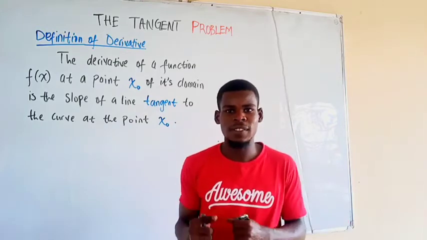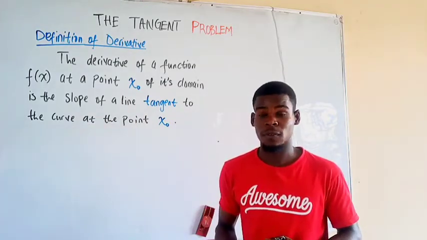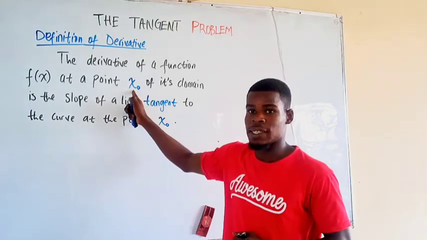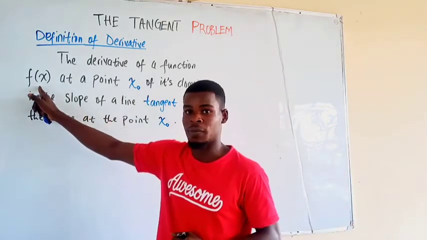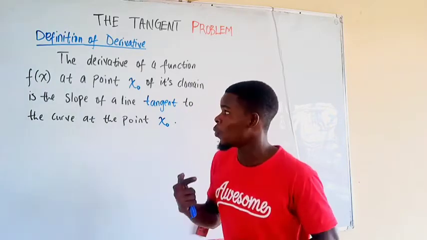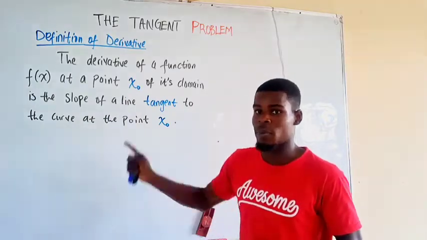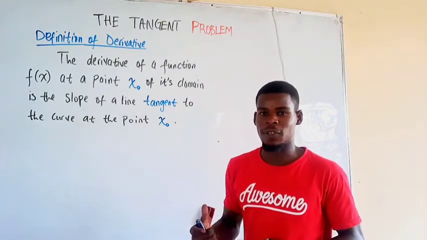So for any x value in the domain of that function, what do we mean by the domain? At this point x naught, the value of this function after evaluation is a real number. So when the value of a function is defined at a point, then that point is said to be in the domain of that function.